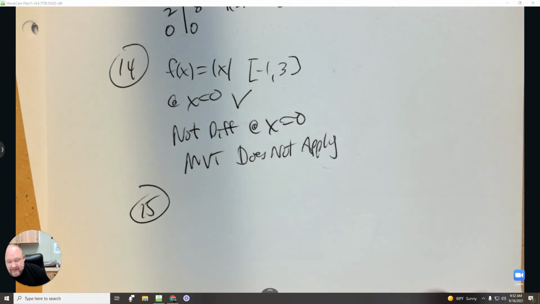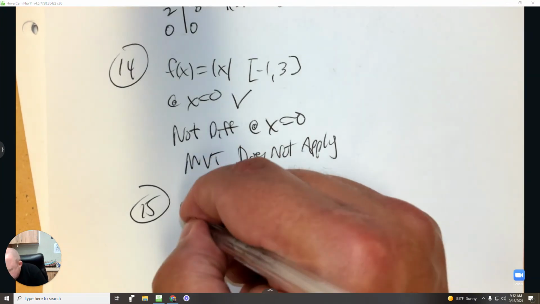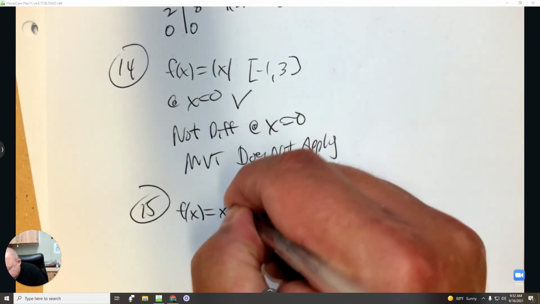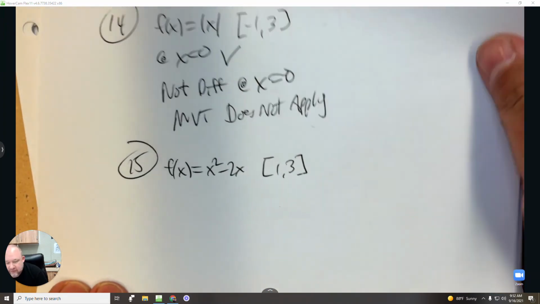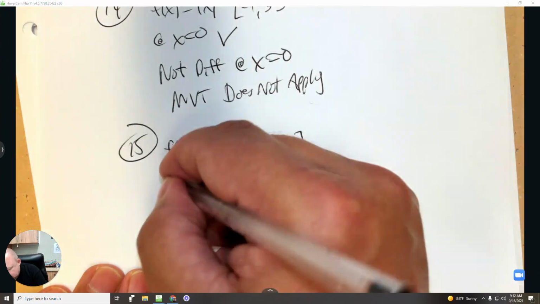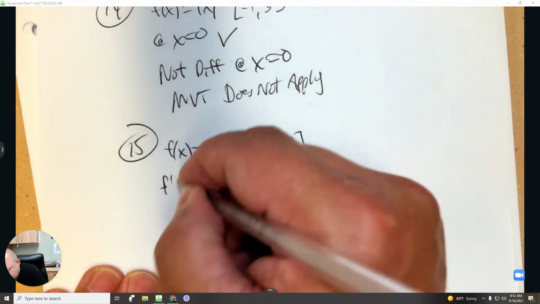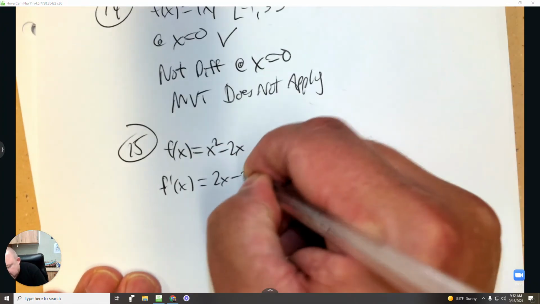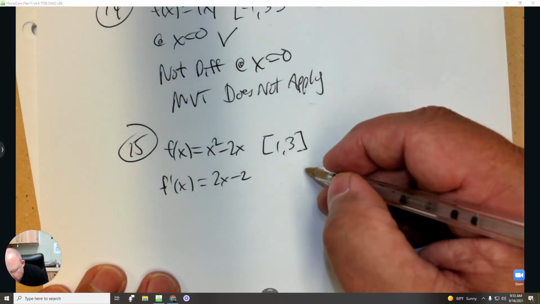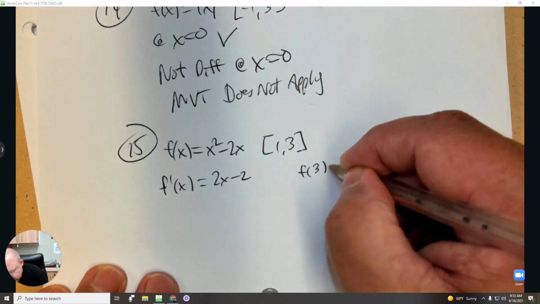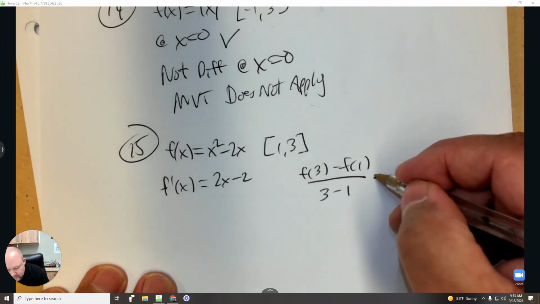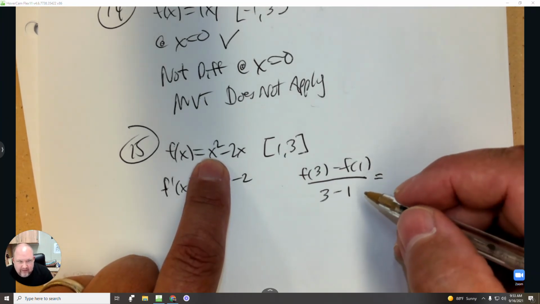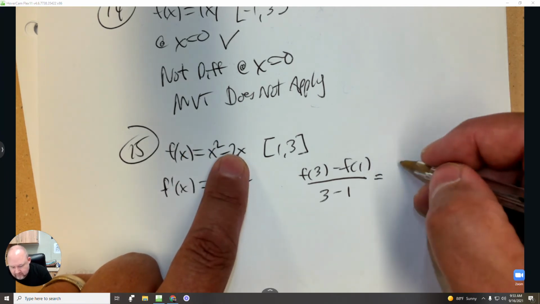Number 15. This is both. A polynomial is always continuous and differentiable. So that's good. That works. So I need to know the derivative. I also need to know the AROC. And then I'm going to make them equal to each other. So if I plug in 3, that's 9, take away 6.